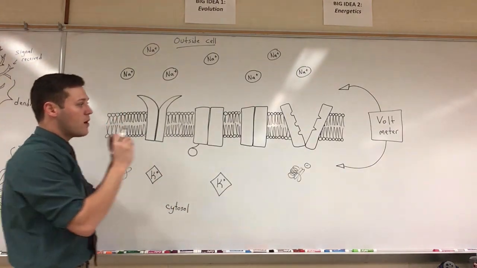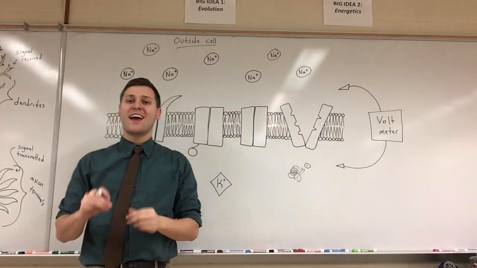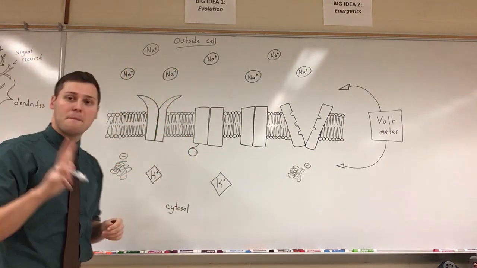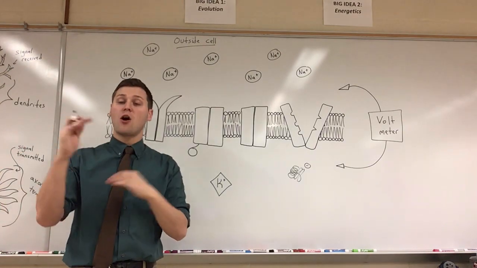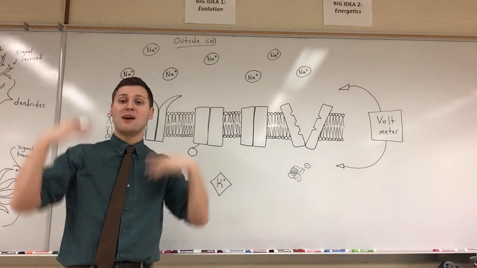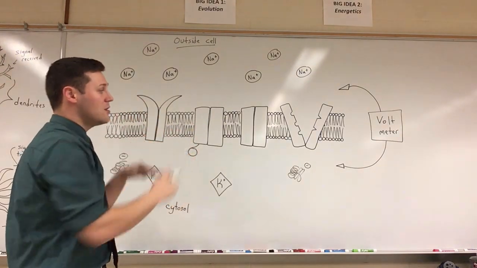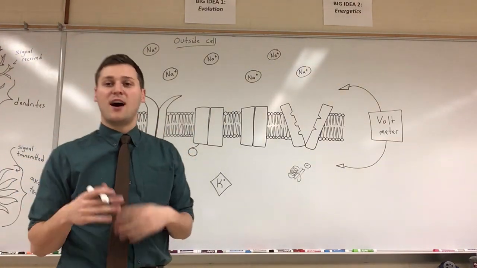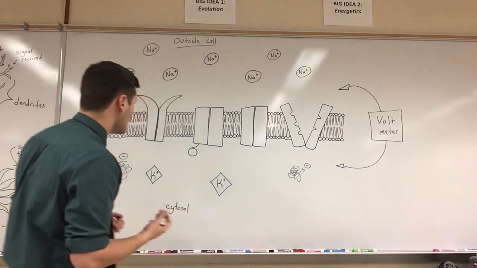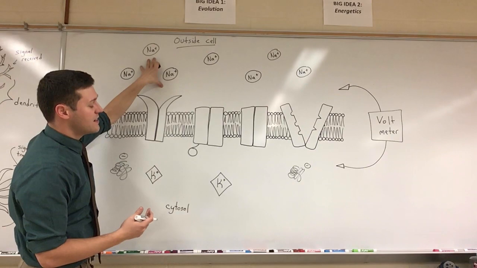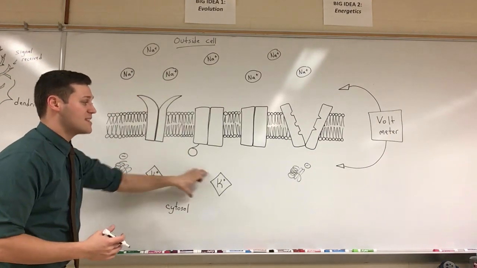Now, one thing that I want to mention is right now we are looking at a resting membrane, and therefore its membrane potential, its relative charge between the inside and outside of the cell, is at the resting potential of negative 70 millivolts, roughly. So we right now have more sodium ions outside than we have potassium ions inside.